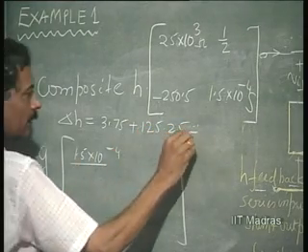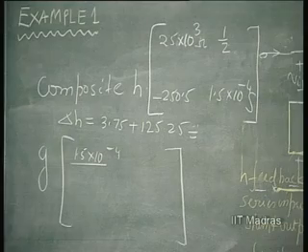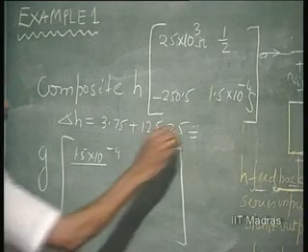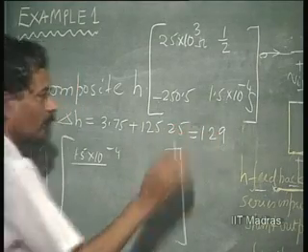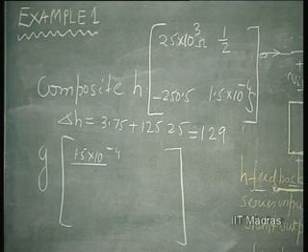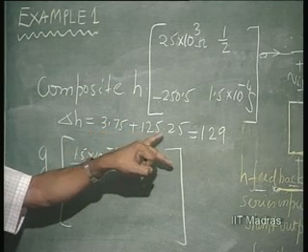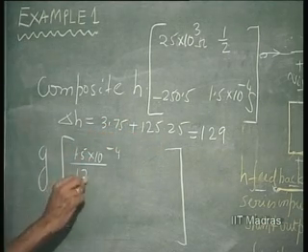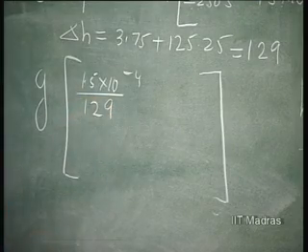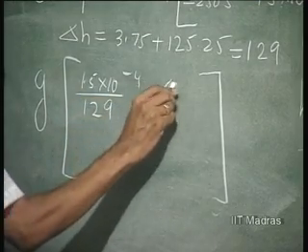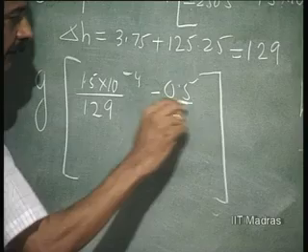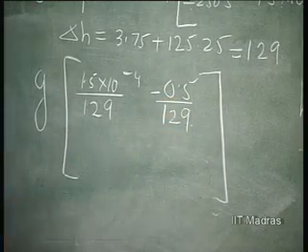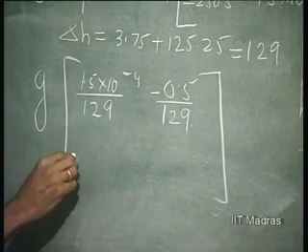This is equal to 129. Is this clear? This is 3.75 plus 125.25, so 129. So divide by 129 throughout. So 0.5 minus 0.5 by 129, and then what else here?